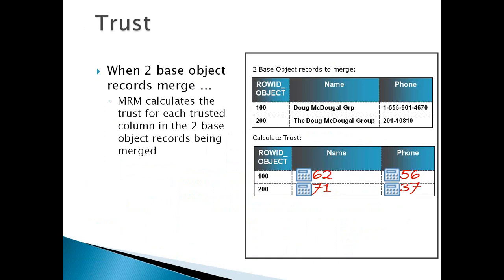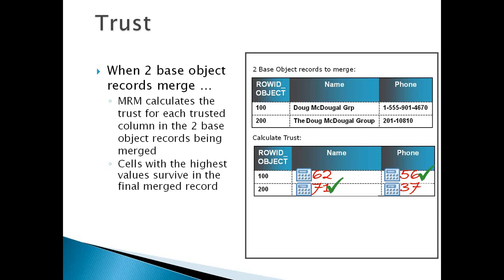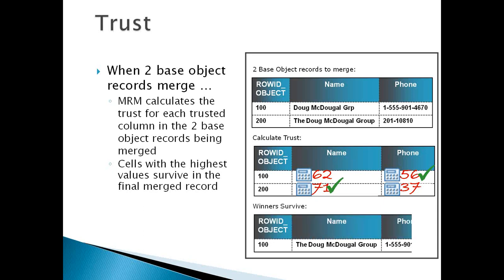And this is at runtime, meaning these values are not stored anywhere, so you cannot go and look at what the current value is. In MDM I will show you there is some place where you can check this value, but internally in the tables it doesn't store it. So MDM has calculated these values and found that for the name, 200 is more trusted, and for the phone number, 100 is more trusted.